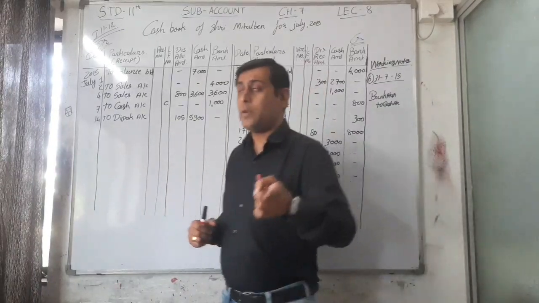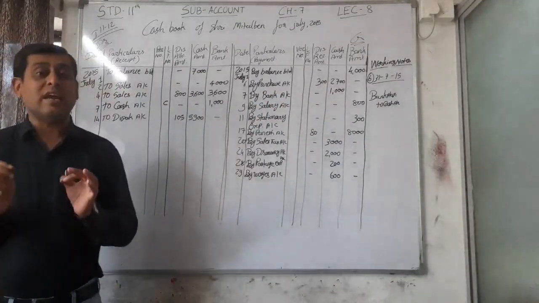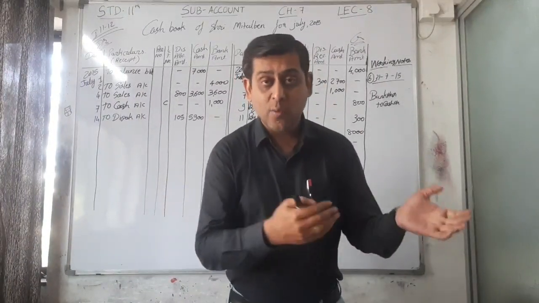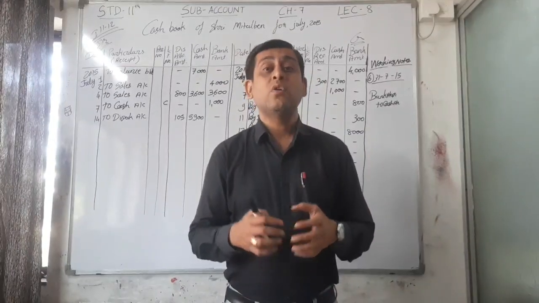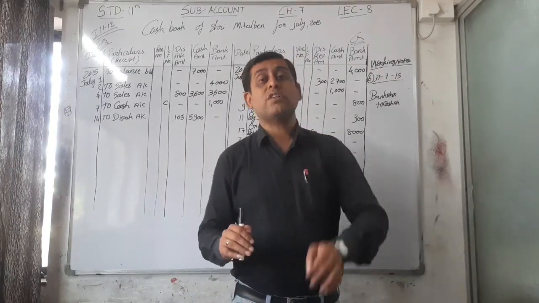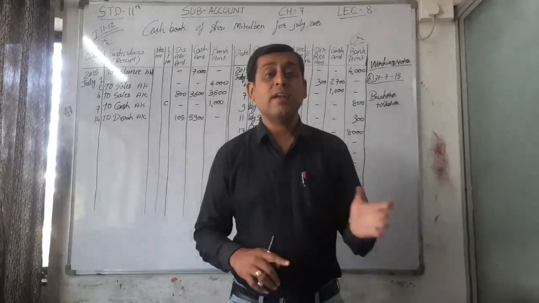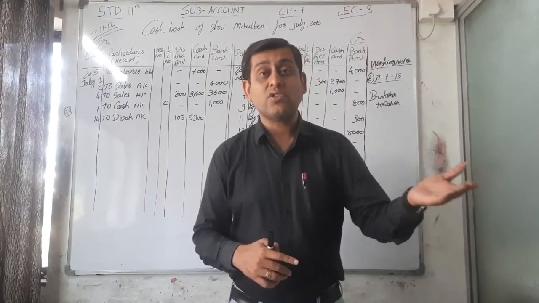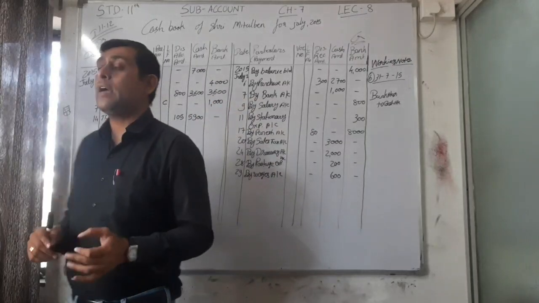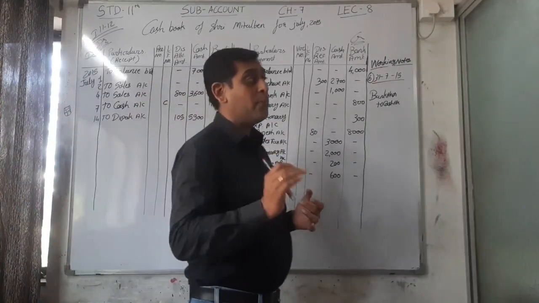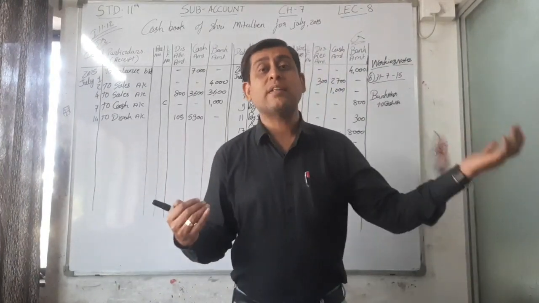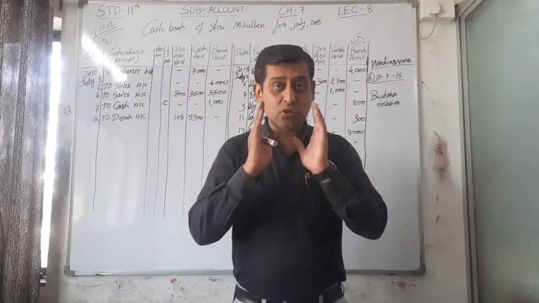Whenever we withdraw some amount from the bank for business purposes, the entry is cash account debit to bank account. So please remember: depositing cash to the bank, bank debit to cash; withdrawing cash from the bank, cash debit to bank. Those are the journal entries.